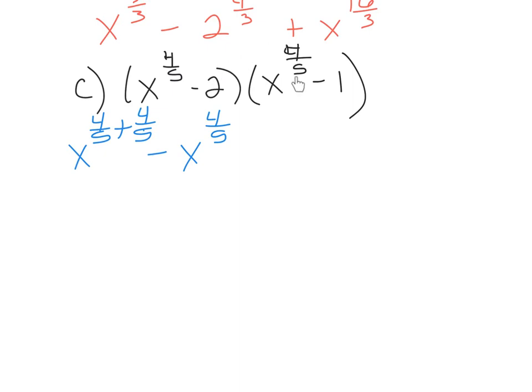And this times this gives us negative 2 times x to the 4/5. And then this times this, negative 2 times negative 1, gives us positive 2. Now we can simplify a little bit.